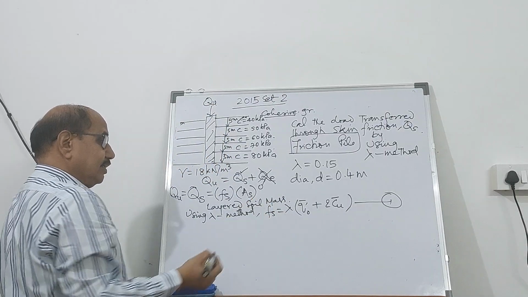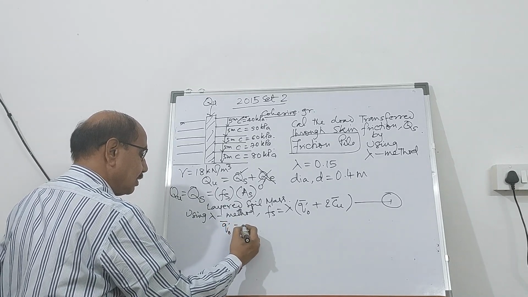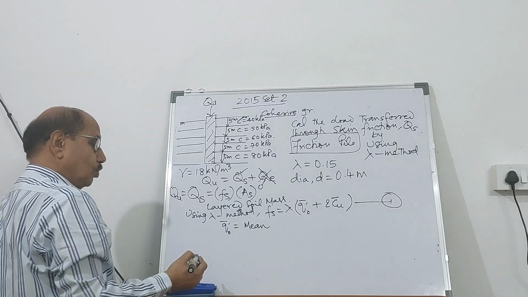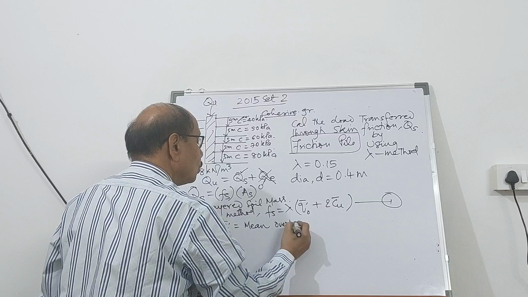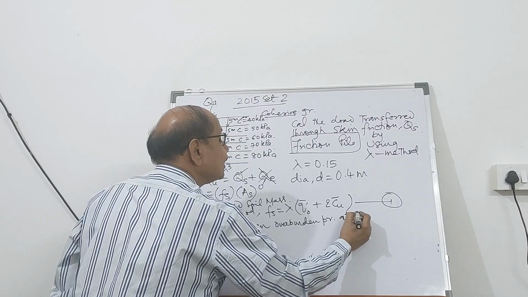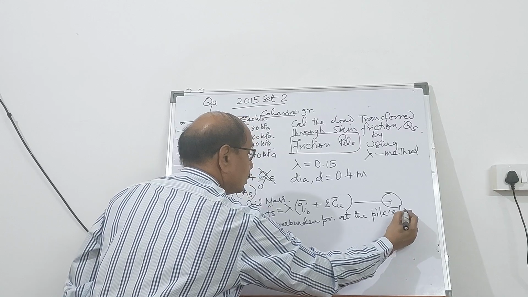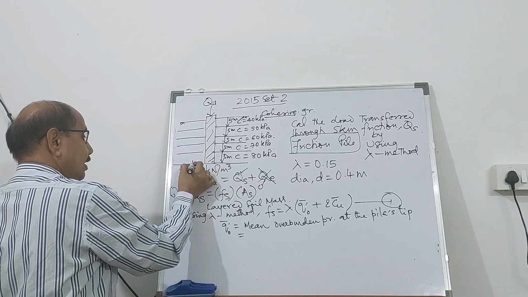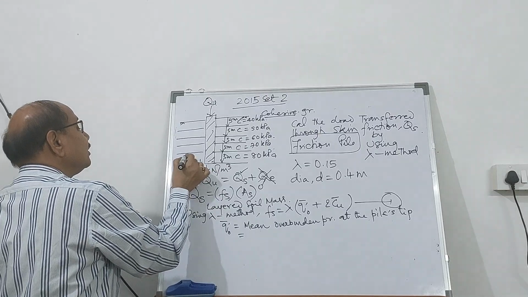Now lambda is already given in the problem. Now what is Q naught prime bar? Q naught prime bar is the mean overburden pressure at the pile's tip. So easily you can calculate this. Here, at this point, this is the pile's tip. So how will you calculate this mean value?